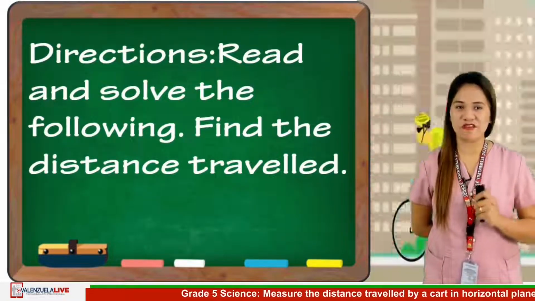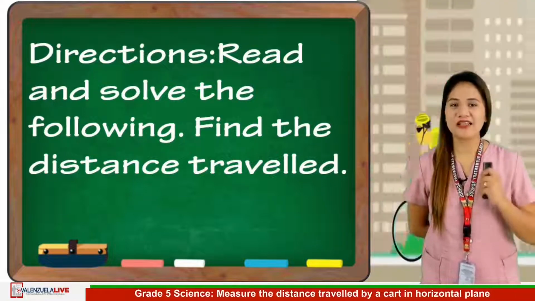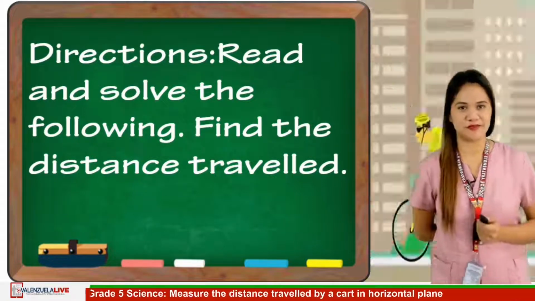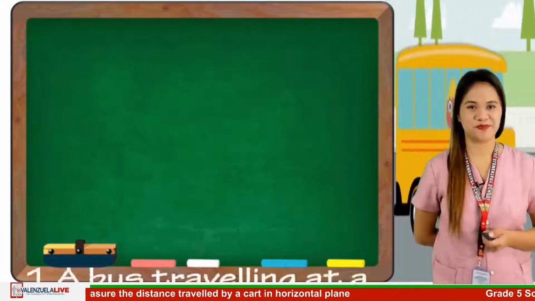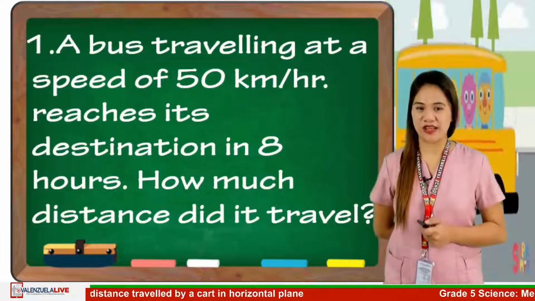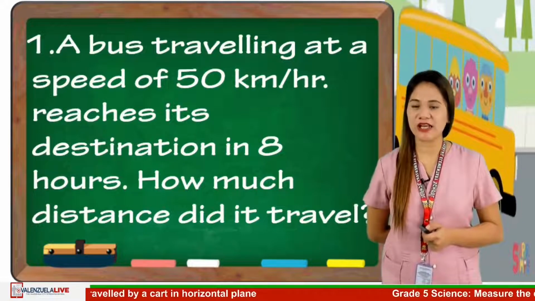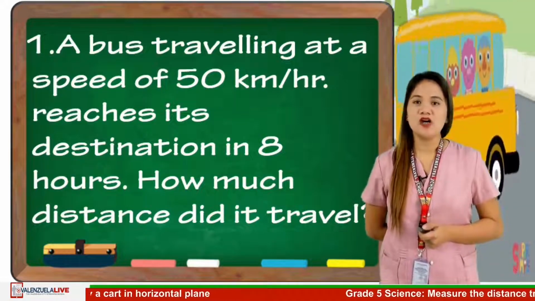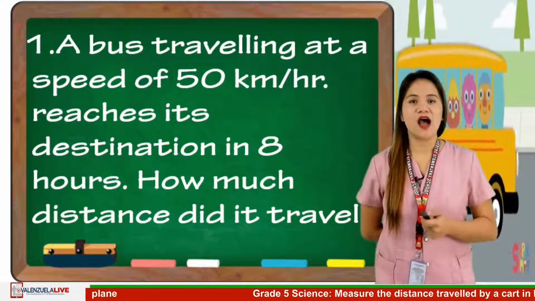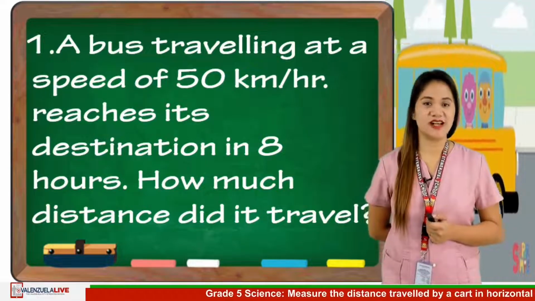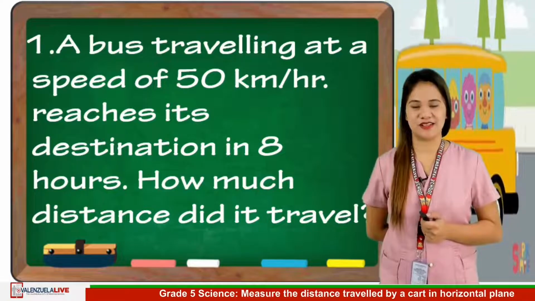Read and solve the following. Find the distance traveled. Number 1. A bus traveling at a speed of 50 kilometers per hour reaches its destination in 8 hours. How much distance did it travel?